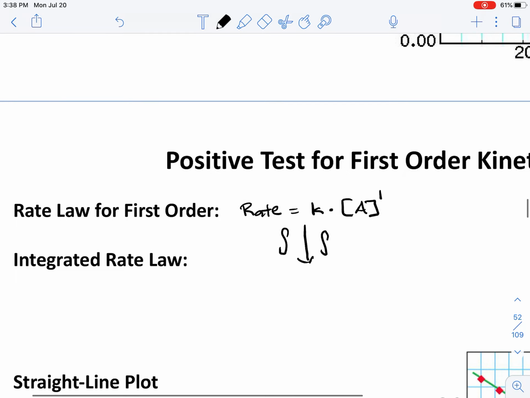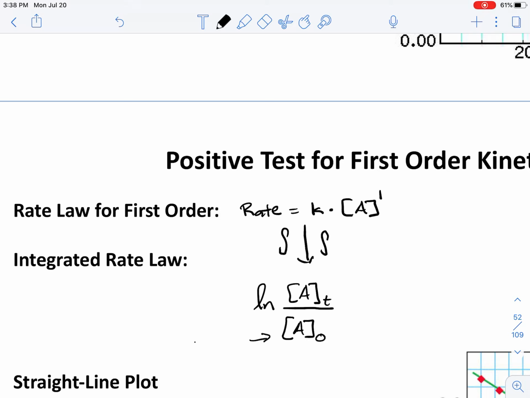If you guys want to see the proof, feel free to Google it. This is not a calculus-based course. So if I integrate the rate law, I get the natural log of the concentration of A at any time period over the initial concentration. Okay, so this is representing initial concentration.